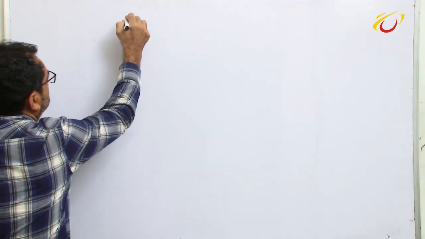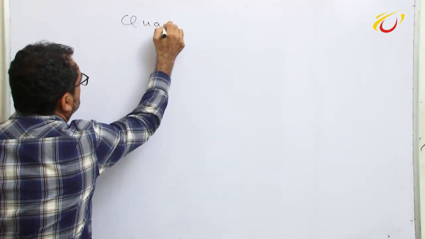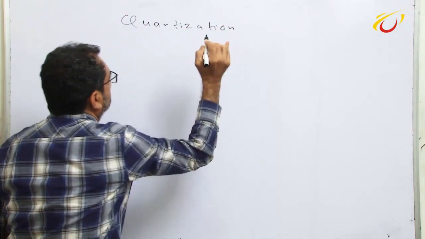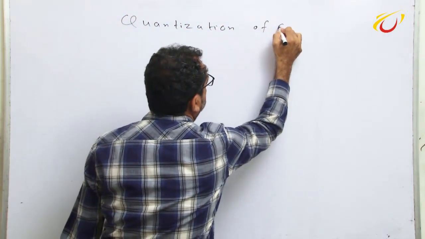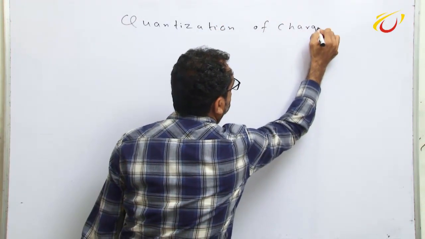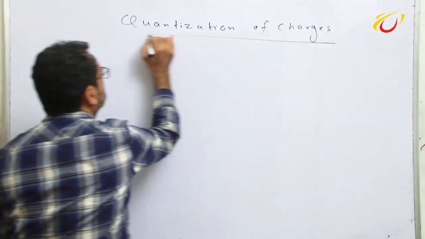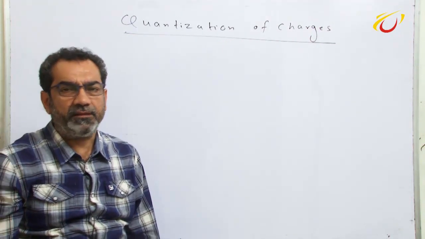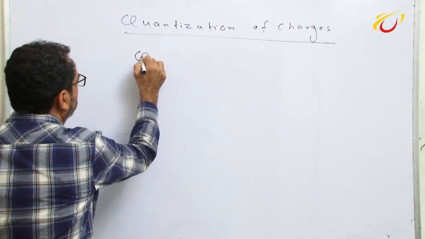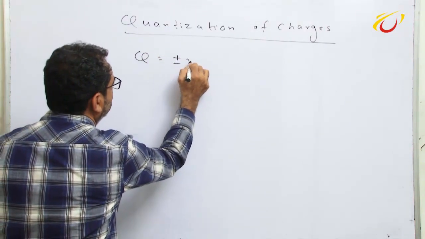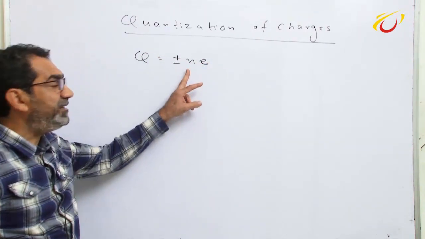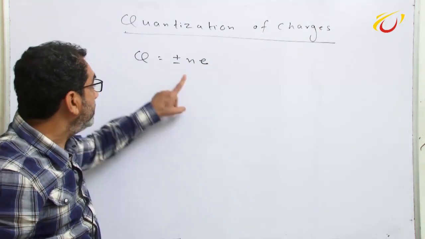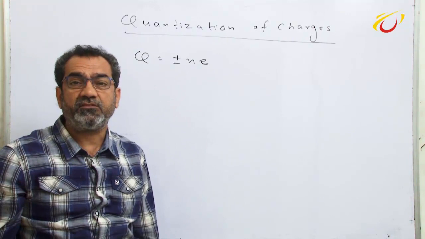Stop. Next is quantization of charges. Charges on any body will appear in the form of, always remember, Q is equal to plus or minus Ne, meaning an integral multiple of the basic charge of electron. I repeat, integral multiple of basic charge of electron.